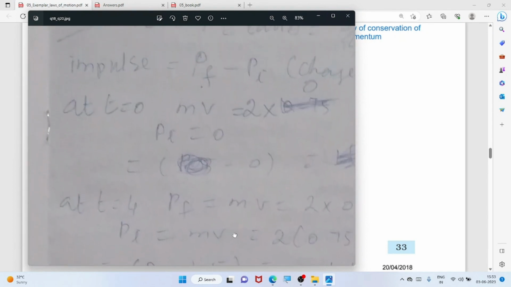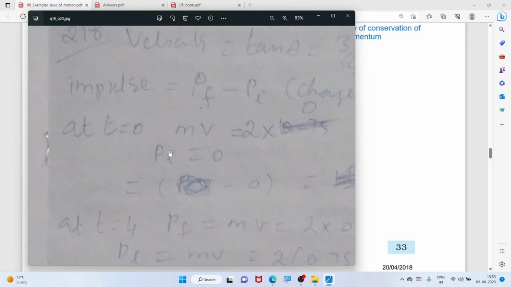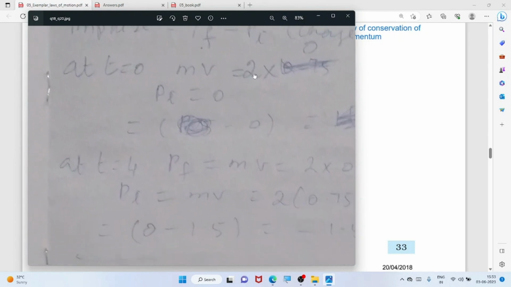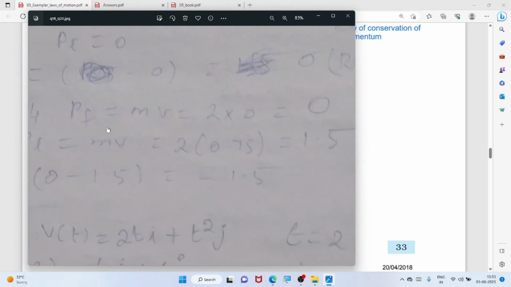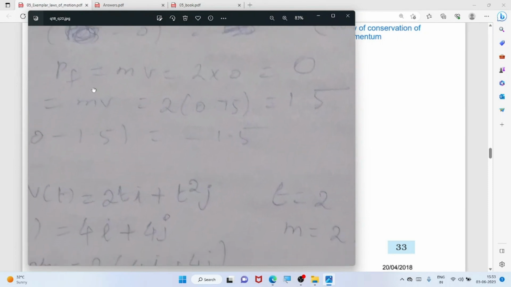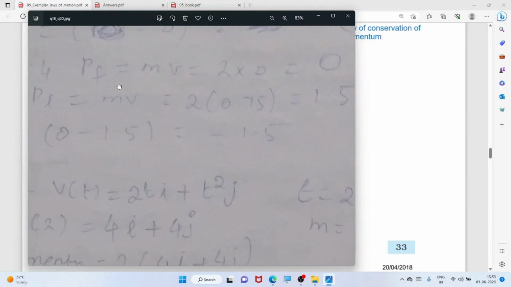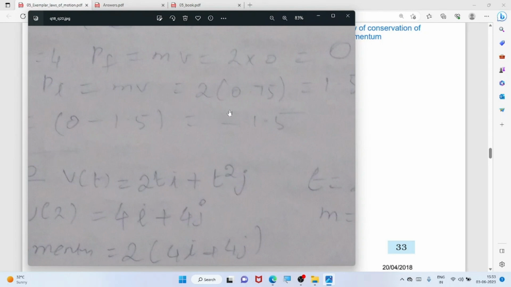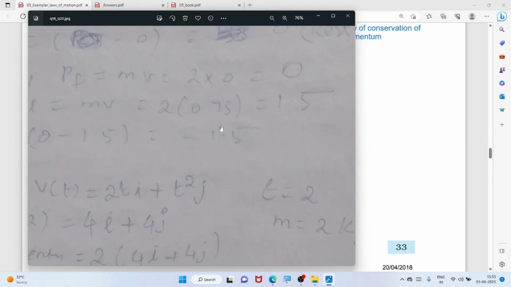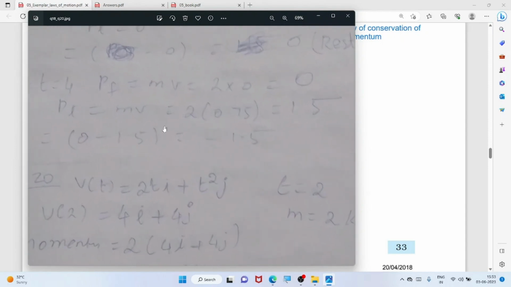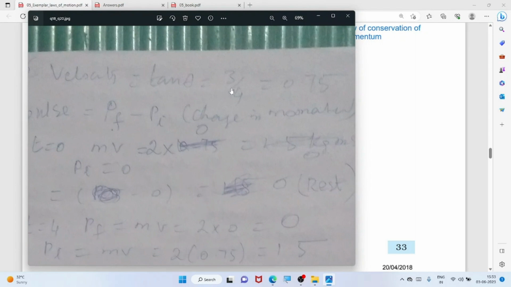At t equal to 0 we have momentum 0, but at t equal to 4 we have some velocity, that is 0.75. That velocity we can make out from the slope. This is tan theta, that is the slope.